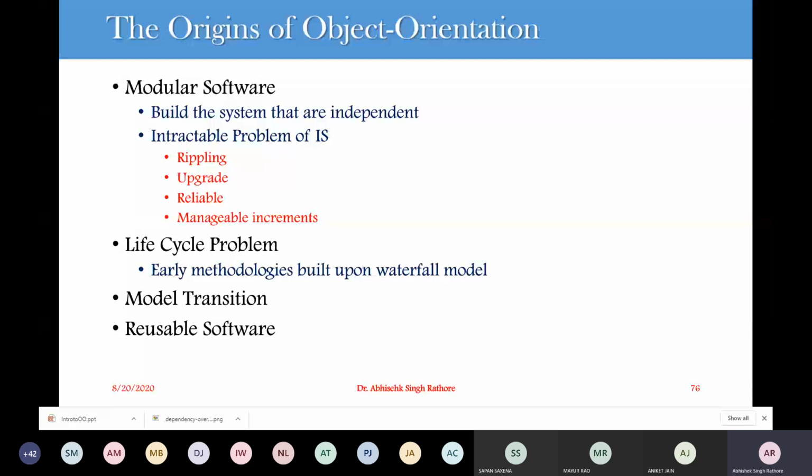You already know the cons of the waterfall model, so I will not discuss them. Object orientation encourages a cyclic development, or an iterative and incremental model approach, to address all these problems: rippling, upgrades, reliability and manageability of the various increments. Another issue that helped in the origin of object orientation is model transition.